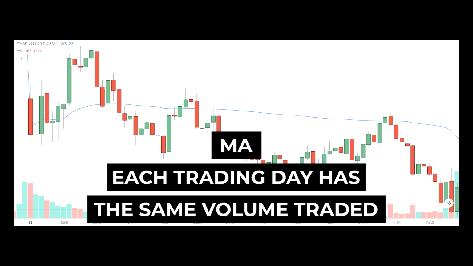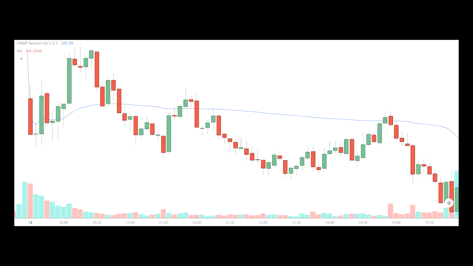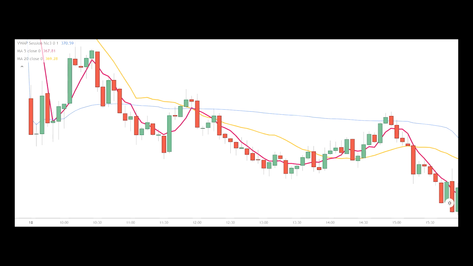Now, this is an important distinction and the reason why day traders prefer it over utilizing the moving averages. However, some day traders utilize both as they use the VWAP for trend confirmation and utilize moving average crossovers to trigger an entry. And I'll talk about moving average trading strategies in future videos.